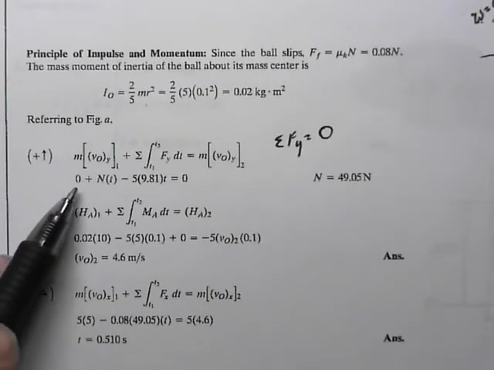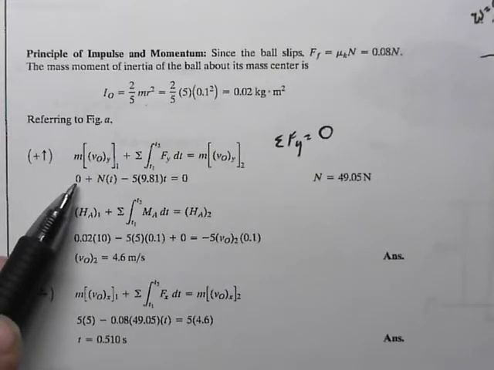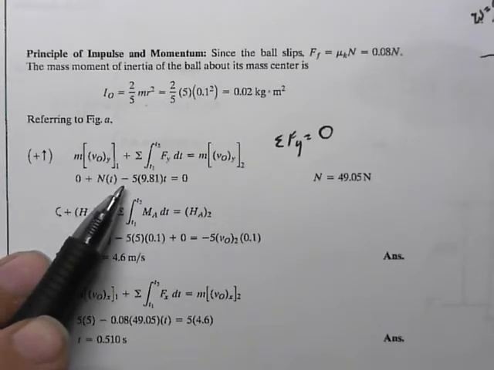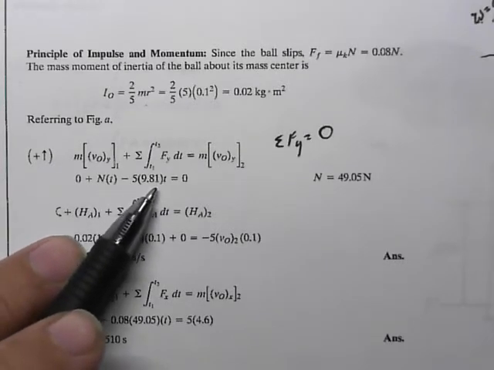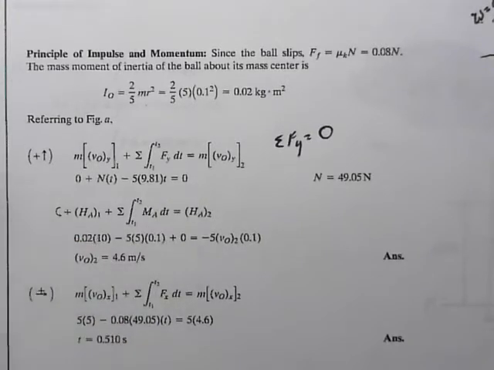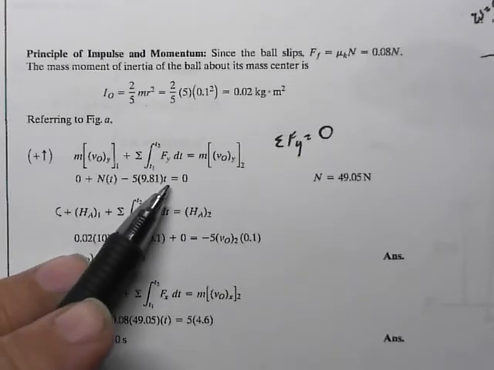So our starting linear momentum in the y direction is 0. We're not traveling in the y. And then we have a normal force acting in the y direction over time. That'd be one impulse. And we have gravity acting in the vertical direction through that same amount of time. And so this says n times time is equal to gravity times time.